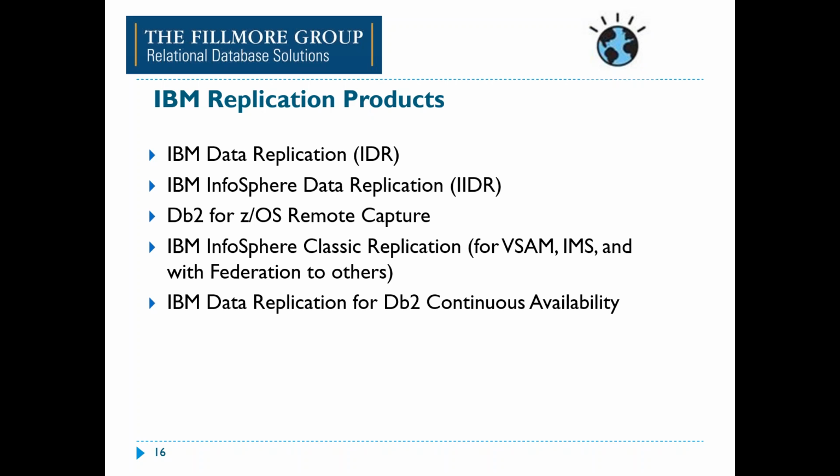So IDR, IBM Data Replication, without the InfoSphere in the middle, is a different price model, where you're only licensing the source. So if you have a large source, like a large Oracle database, and you want to replicate to Postgres and Db2 for LUW and a million different targets, you're only going to pay for that source. So it's different.